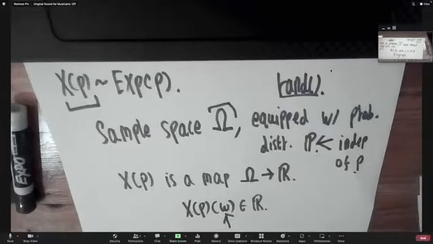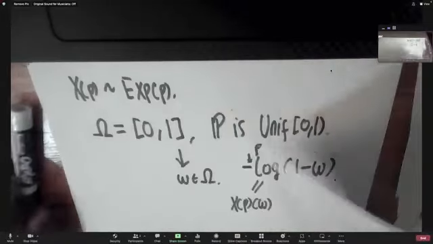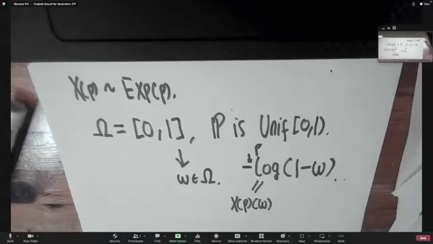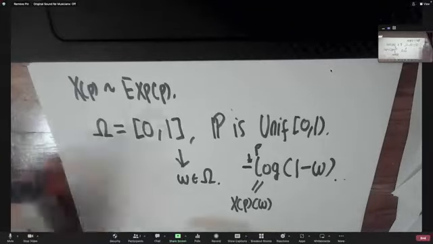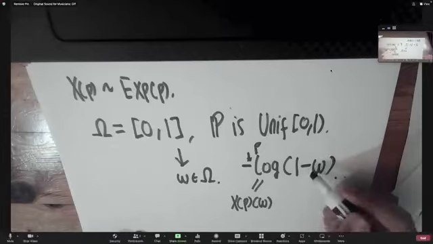Where did I have my... I lost it. It's over here. Okay. So this was our function. There was a little p added in there: negative p times log of 1 minus omega.